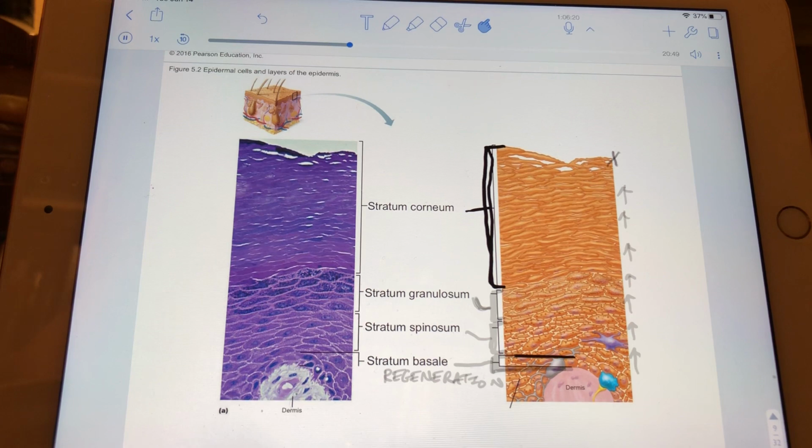And the innermost region that includes, but is not limited to, the bodies of melanocytes and the bodies of Merkel cells is stratum basal, okay? Immediately overlying stratum basal is stratum spinosum, and I'll establish for you why it's named spinosum when we get a little further. And then the layer between spinosum and corneum, which is depicted here as quite thick. It can be actually a lot thinner, relatively thin. It is stratum granulosum, okay?